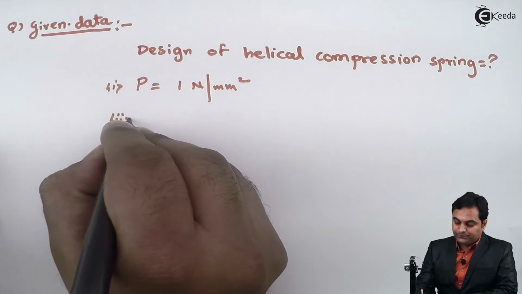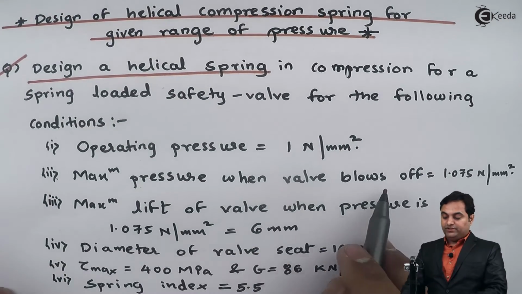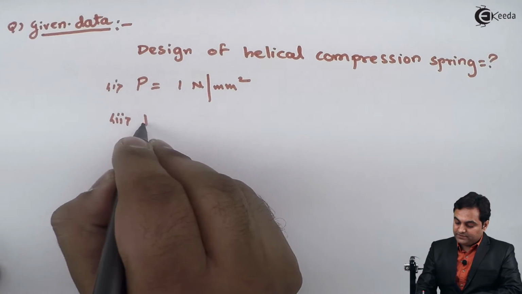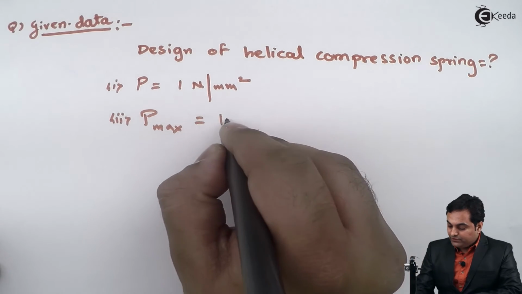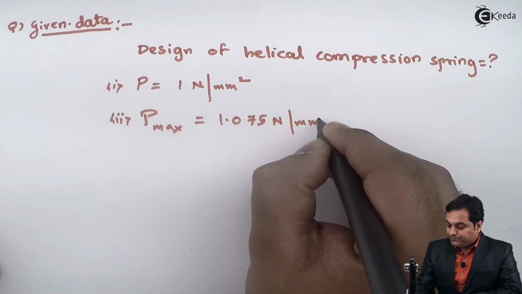Next, maximum pressure when the valve blows off. So this is P max value. I'll write it as P suffix max, that is 1.05 Newton per mm square.